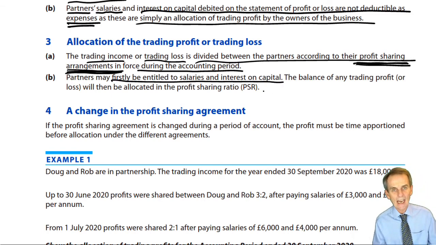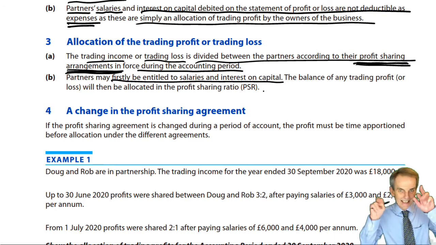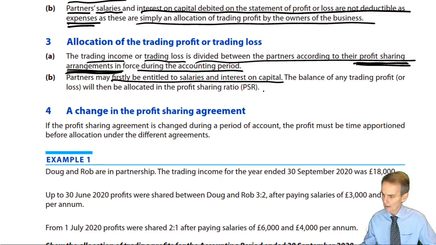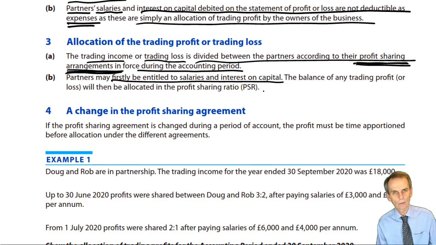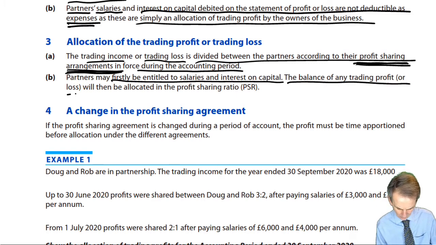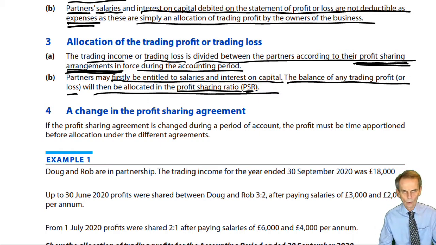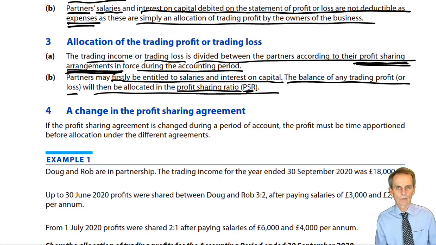That would be the first share of any available profit credited to those partners. Salaries are for those who do more work in the partnership, interest on capital for those who put more capital into the partnership. Then the balance of any trading profit or loss would be allocated in the profit sharing ratio, the PSR. So all we're going to do is get the tax adjusted trading profit of the partnership and split that for the accounting period according to the profit sharing agreement in force during the accounting period.